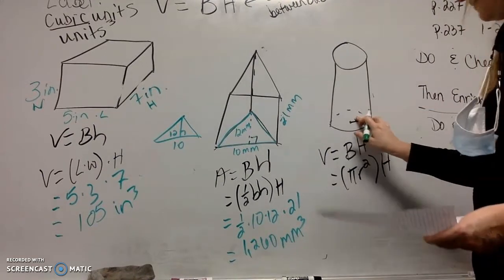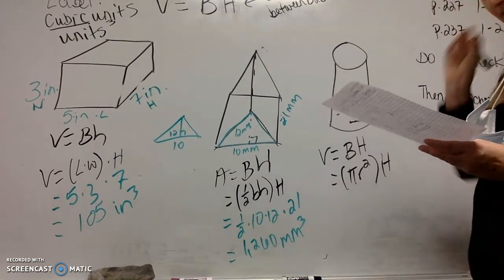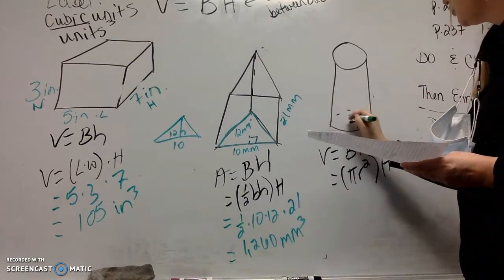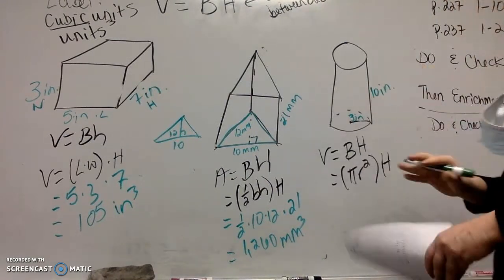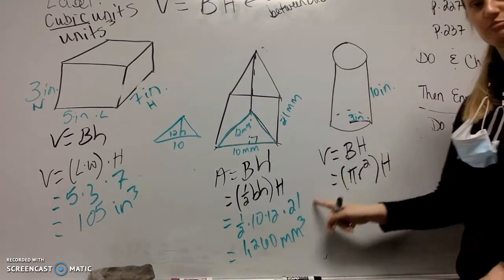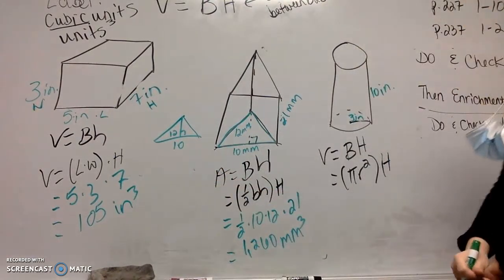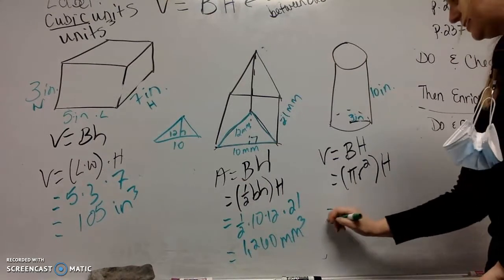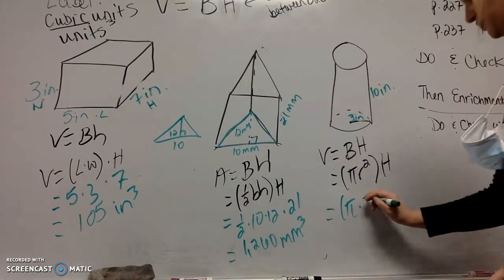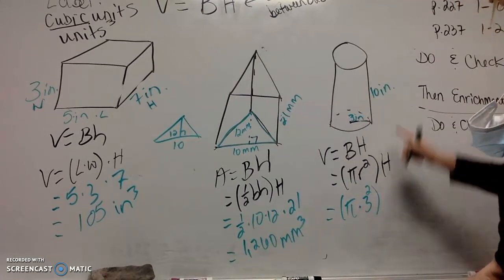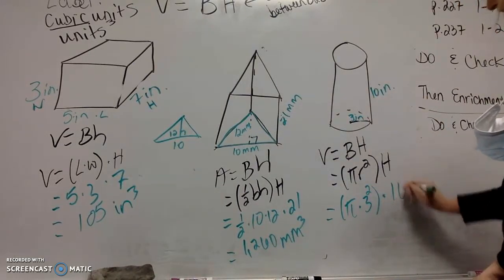So now if I have a cylinder, and this is 3 inches, and this is 10 inches. Okay, this one I do have to know the difference a little more than I did here, because I need to know my radius. So I'm going to take pi, my radius is 3, and then the height of my 3-dimensional figure is 10.